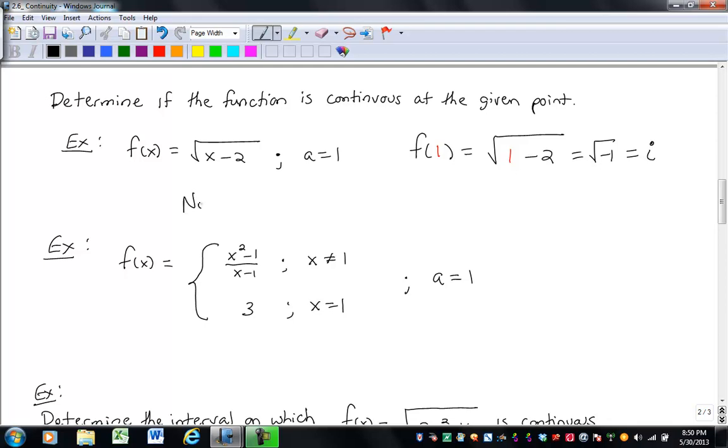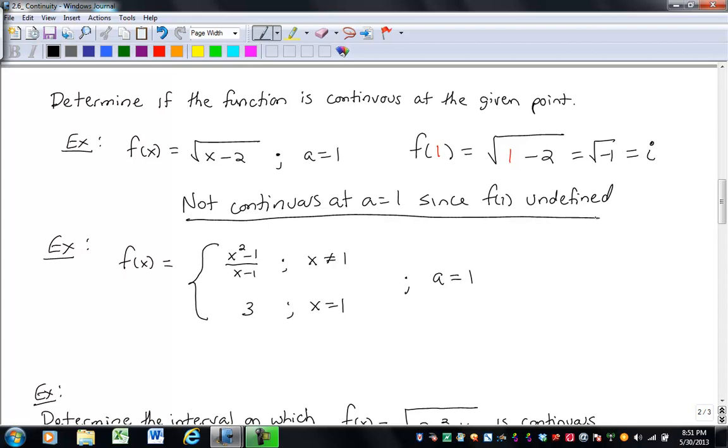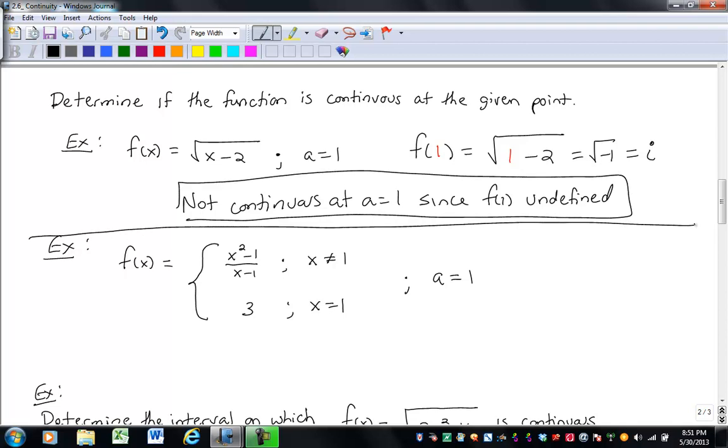So it's not continuous here. Not continuous at a equals 1, since f of 1, that's my a value, doesn't exist or is undefined. And so that's one way to show a graph is not continuous at a point. You just show the y value doesn't exist.